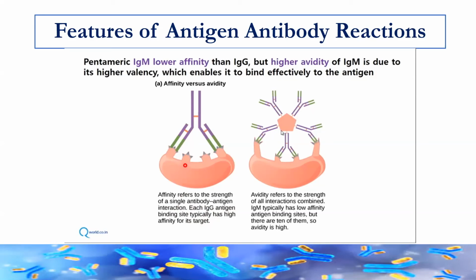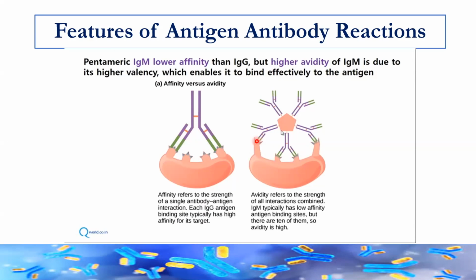Whereas what is happening when IgM is binding, it may not be fitting as well as IgG, but the overall strength which this complex achieves after binding will be more than IgG.